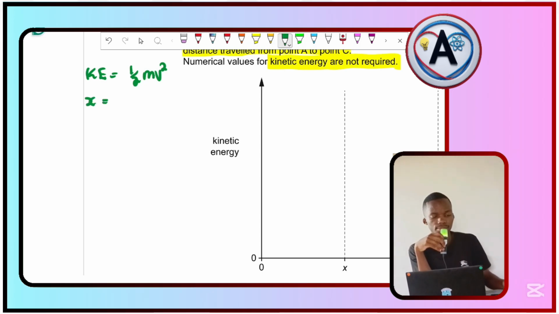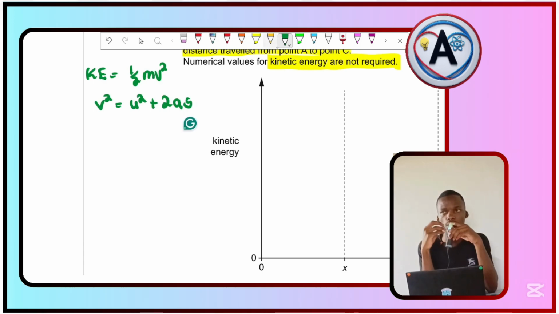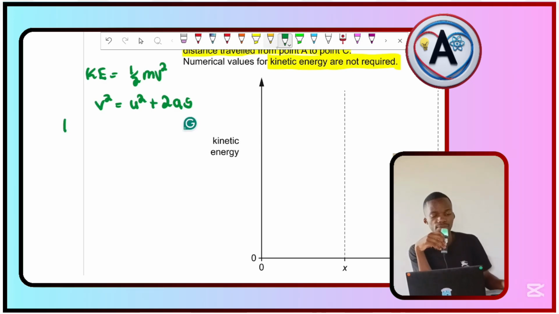If v squared is equal to u squared plus 2as, I know that v squared, the velocity at a particular point, will be given by that equation. So I can substitute v squared. My kinetic energy will be equal to 1/2 m (u squared plus 2as).